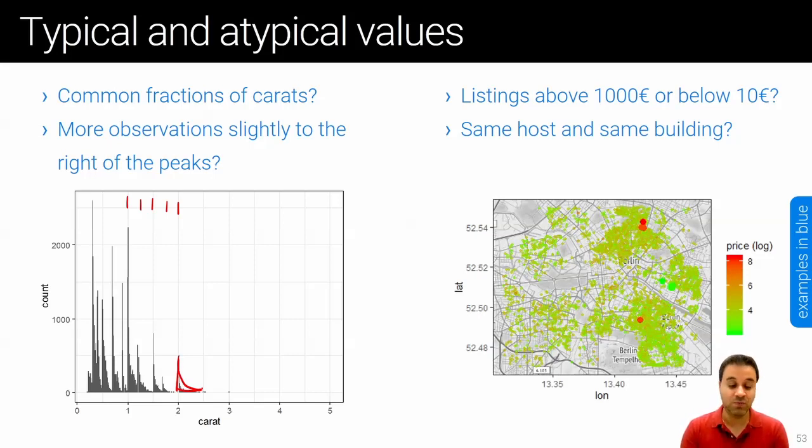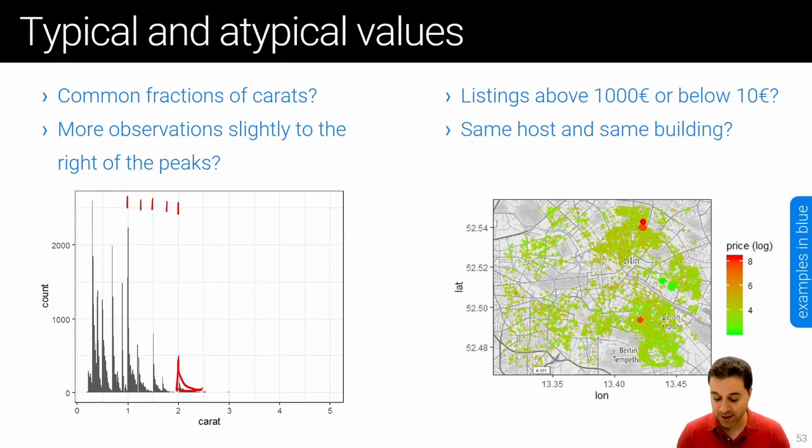Why? Because people are going to pay you a lot more if you have at least 2 carats. Once you are over the 2 carats, then you don't care if it's 2 and a little bit. So this is something that might be useful to know, and we are uncovering this new knowledge just by looking into the histogram.